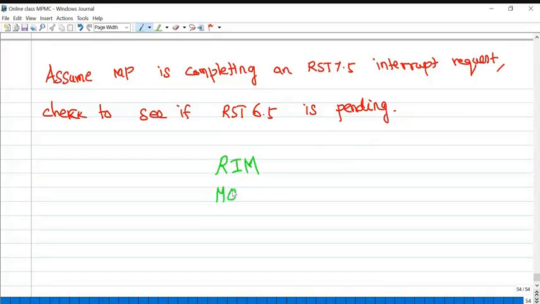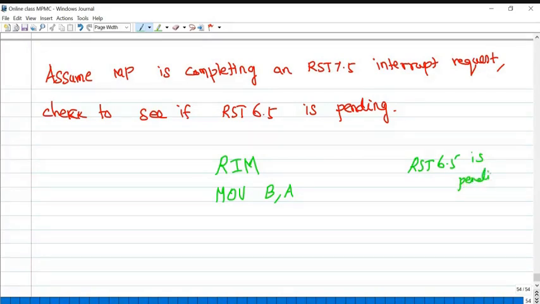Whatever information is available in the accumulator, for the time being, just move the data to B. MOV B,A represents the data from A moved to B, and the same information will also remain available in the accumulator. Please remember that. Now I want to check whether RST 6.5 is pending or not.